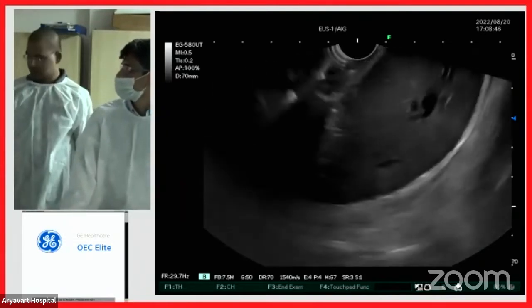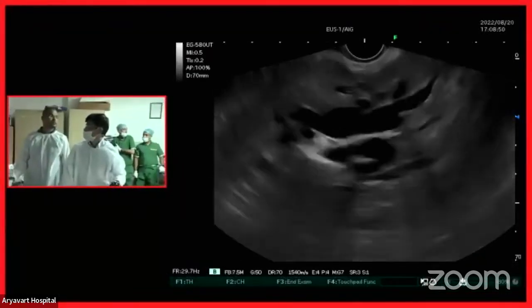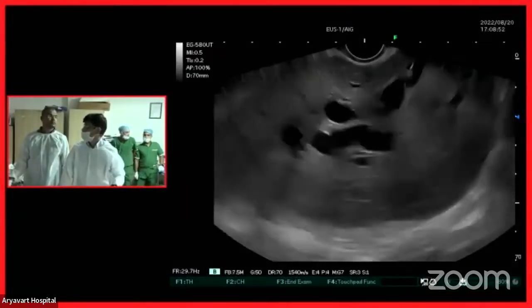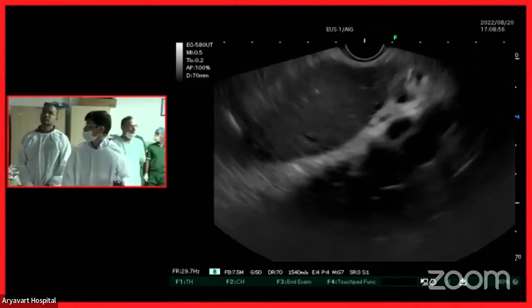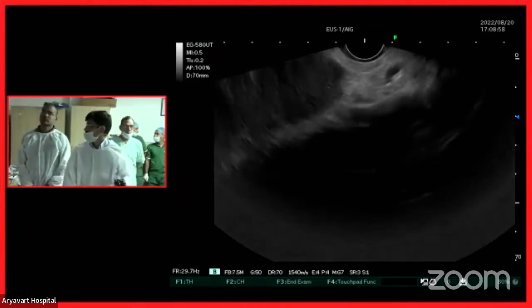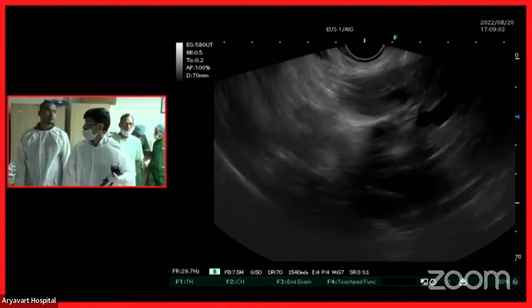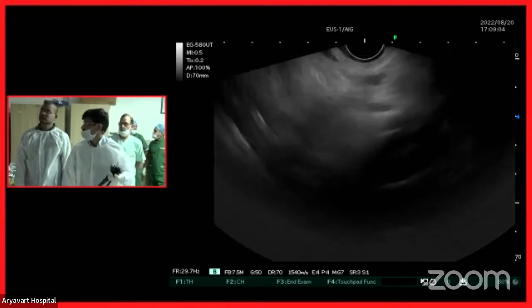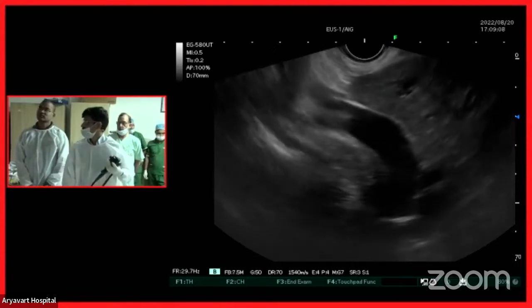My scope is completely anti-clockwise here, and what I find straight away is a lot of intrahepatic biliary dilatation. I'm trying to trace the confluence of the biliary system. I'm rotating clockwise a little bit.